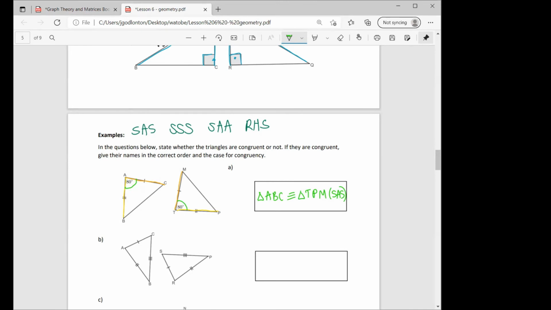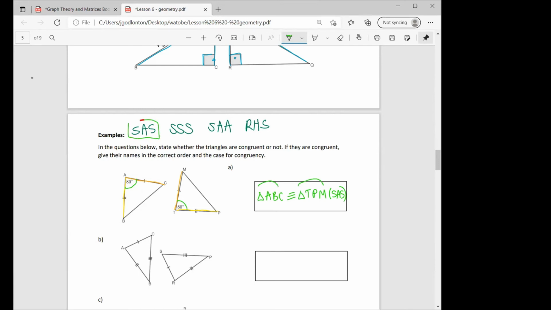Ma'am? Yeah. May you please explain what we are supposed to do, because my router switched off while you were explaining. Oh, sure, no problem. All I'm asking you to do here is to write the sentence of which two triangles are congruent to each other. So make sure you get the order right, and then which reason it is.